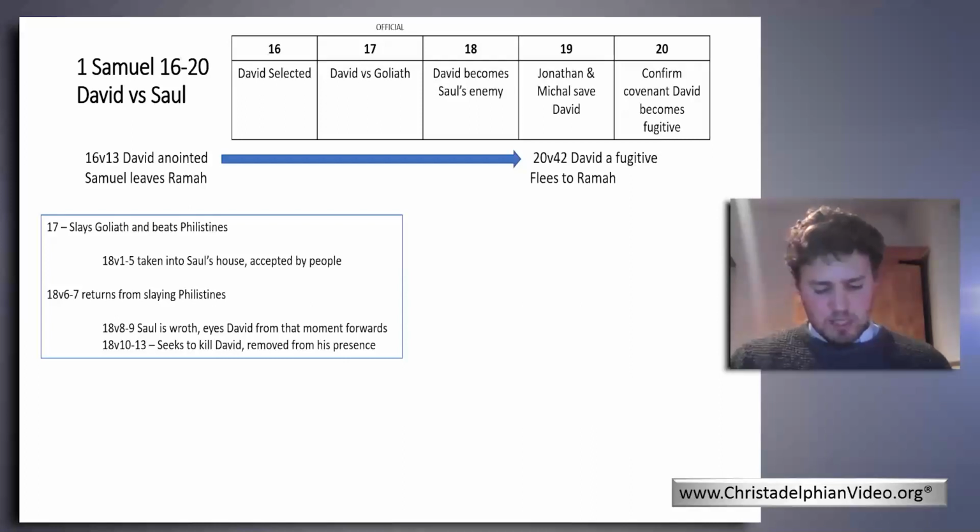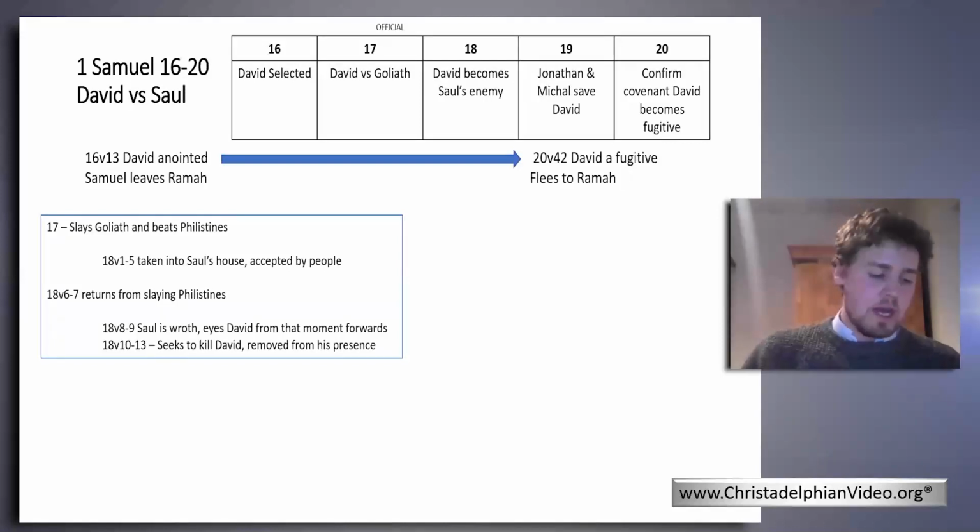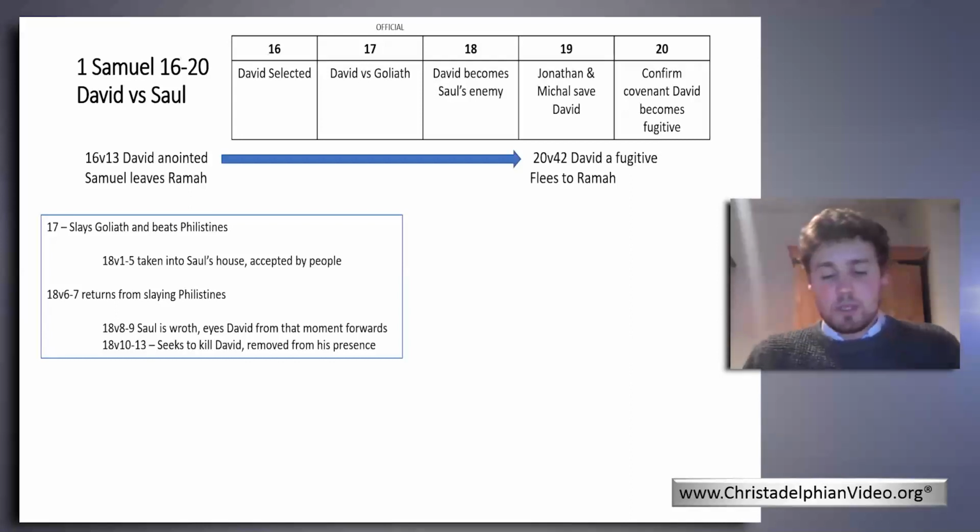And so at the beginning of chapter 18, Saul takes him into his own house. Previously, it seems, although David has sometimes been in Saul's court because he's been playing for Saul, here this is a more permanent removal from David's house and being brought into Saul's house.